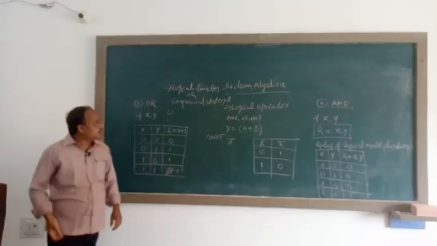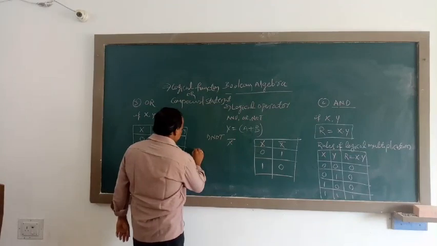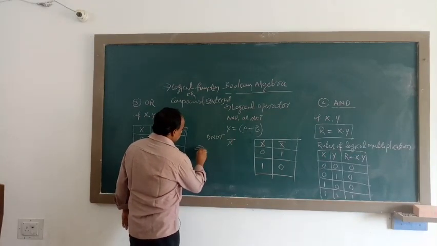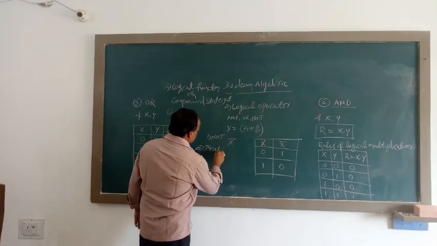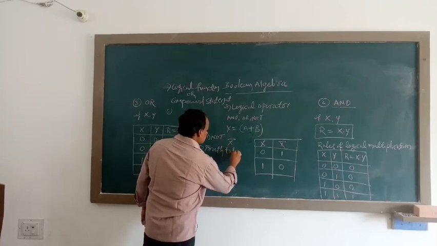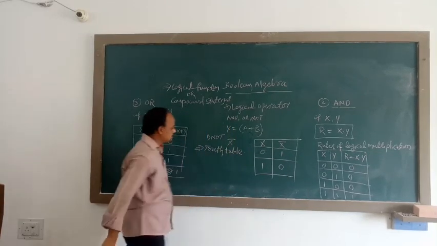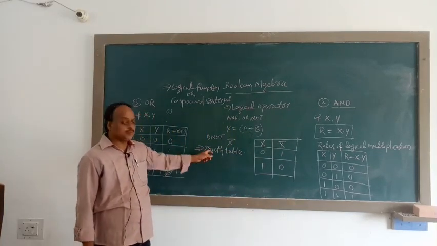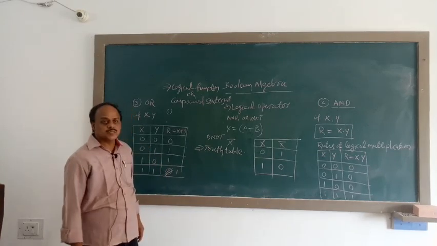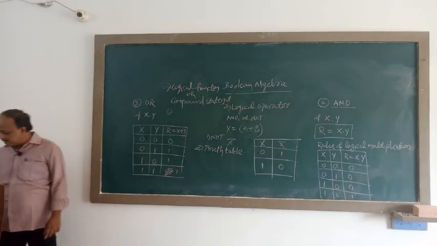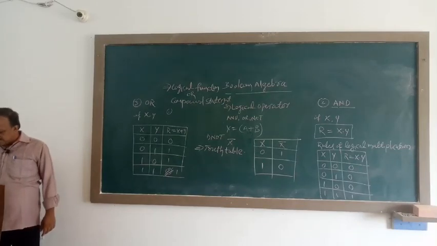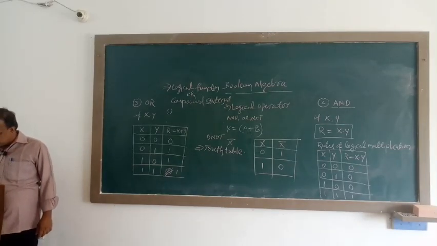And the next important point is the truth table. Very, very important. For 1 mark, he is going to ask what is meant by a truth table. A truth table is a mathematical table.